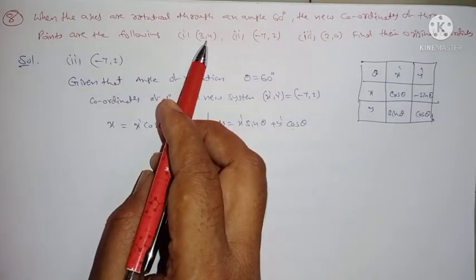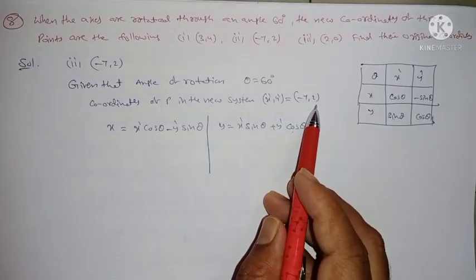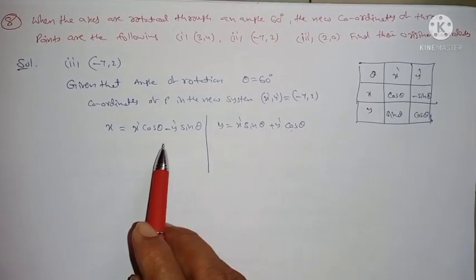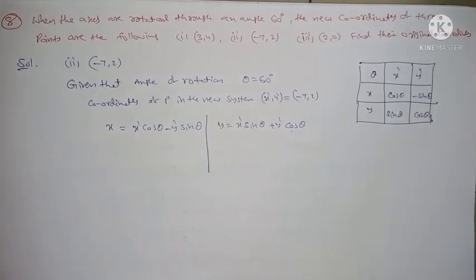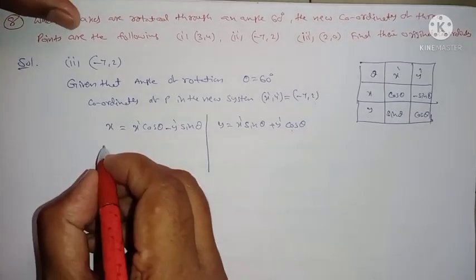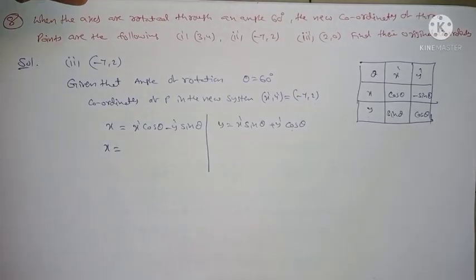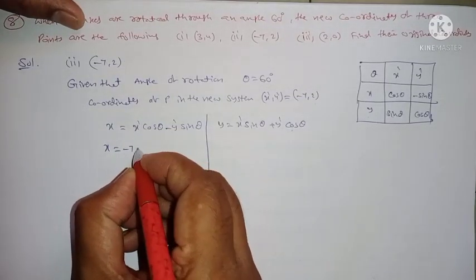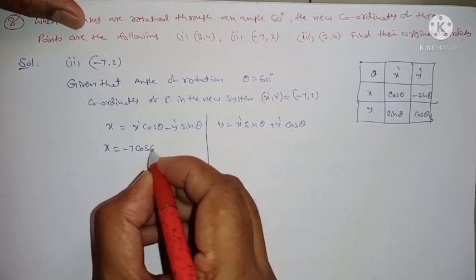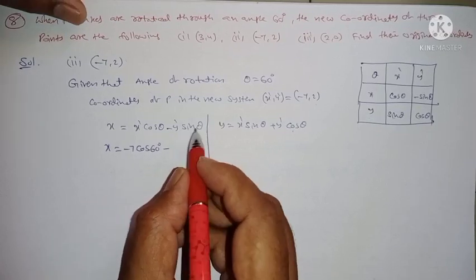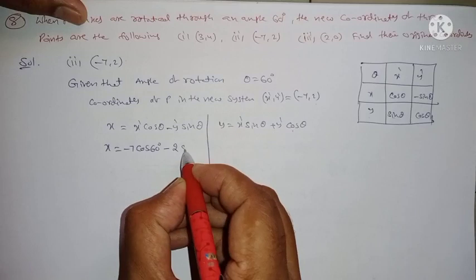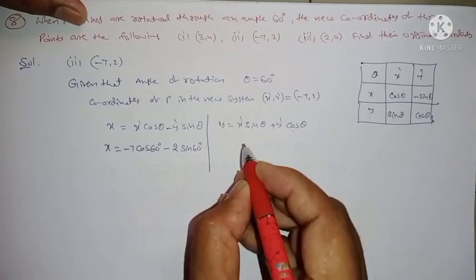I take the second one, minus 7 comma 2. You can substitute the values of theta, x dash and y dash, and you get the x and y values. Here, x is equal to x dash cos theta minus y dash sin theta, that is minus 7 cos 60 degrees minus 2 sin 60 degrees.